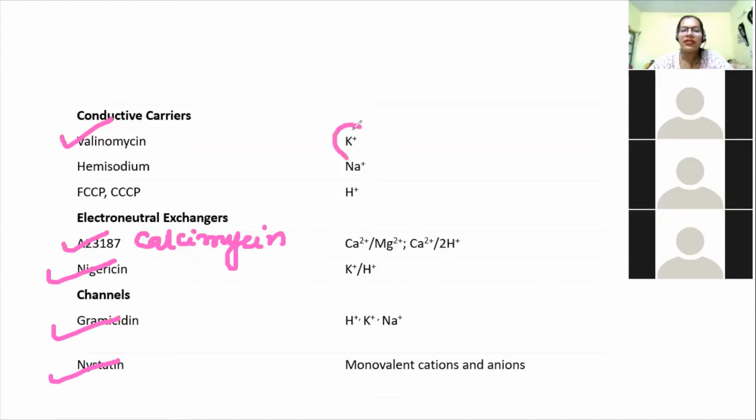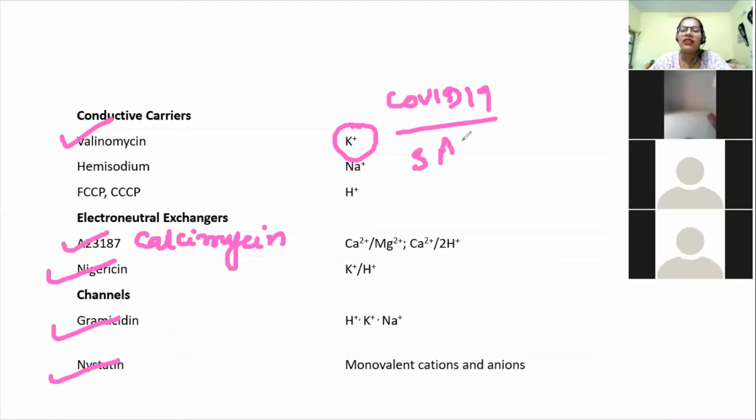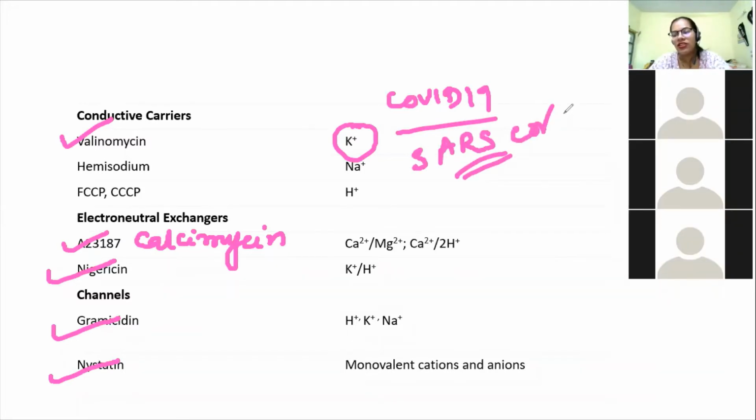Did you know that valinomycin has recently been reported as a treatment for COVID-19 also? It has activity against the SARS coronavirus. I don't know whether it is in phase trials or not, but it was shown that valinomycin has good activity against the SARS coronavirus.